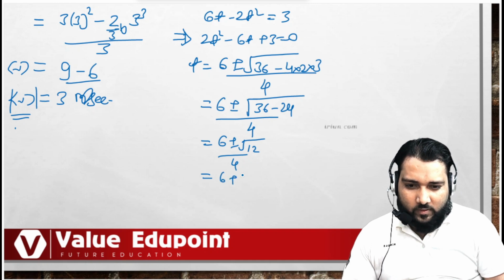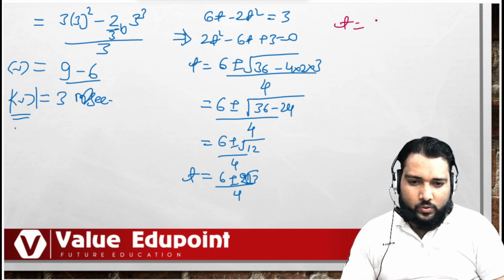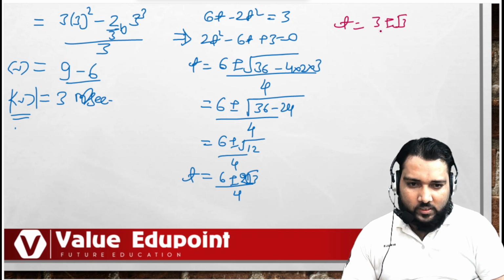So t equals 6 plus minus 2 root 3 upon 4. This is the time. When you divide by 2, taking 2 outside, it comes out to be 3 plus minus root 3 divided by 2.